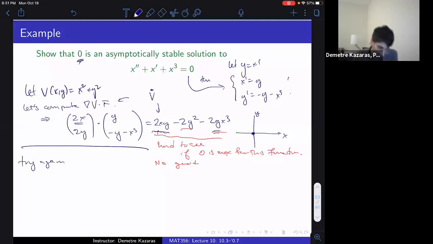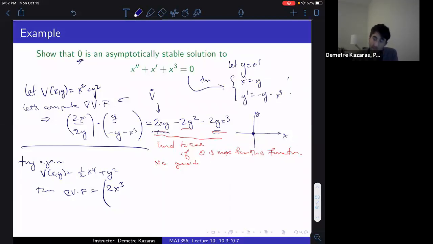So let's try the following. Let's try v of x, y equal to 1/2 x to the 4th plus y squared. I think that'll be a good choice. Let's see what happens. Then gradient v dot f is, okay, gradient of v will now be 2x cubed in the first component, and then the second one will be the same 2y.